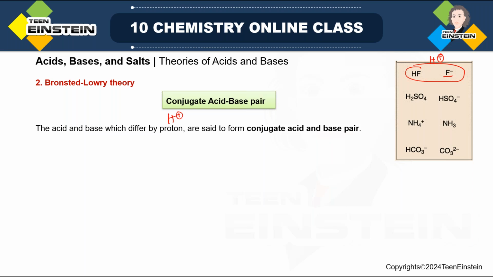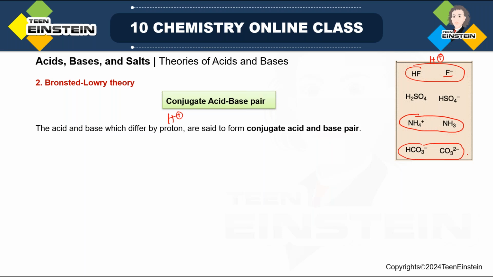So between the sulfuric acid molecule and this anion, there is a gap of H plus. Same thing is also for ammonium ion and ammonia, bicarbonate anion and carbonate anion. So these four pairs, you can call them conjugate acid base pairs. But why are we discussing it under Bronsted-Lowry theory?